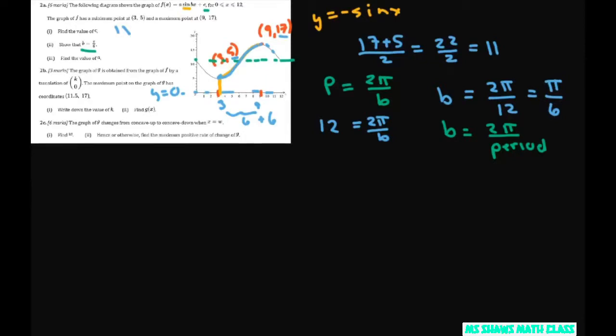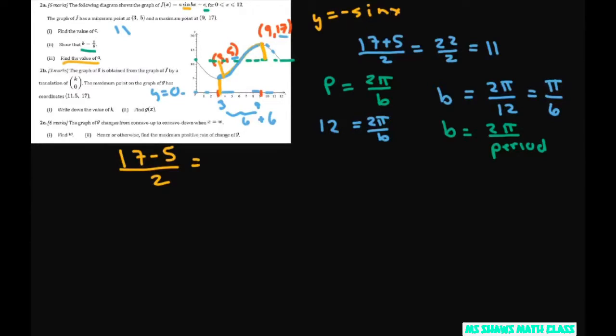All right, now it says find the value of a. Well, a is this amplitude here, the distance here, and the distance here. So basically, all you do is you subtract your y's and divide by 2.